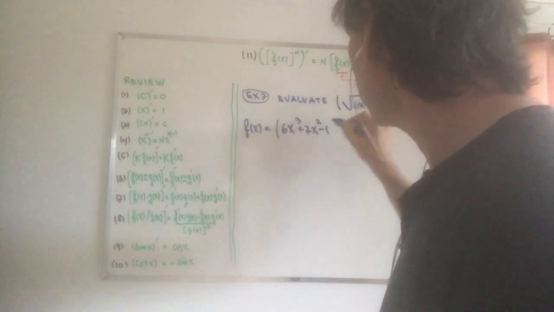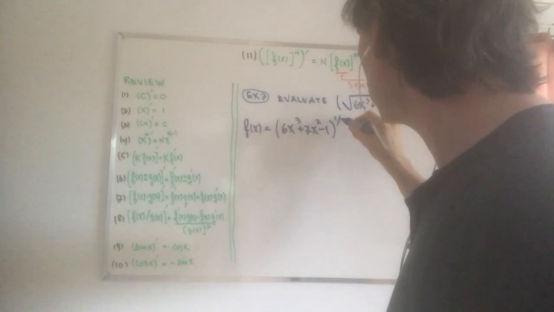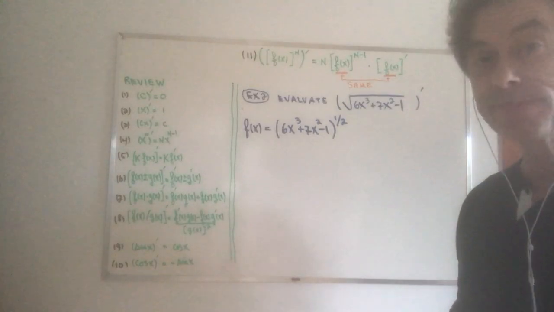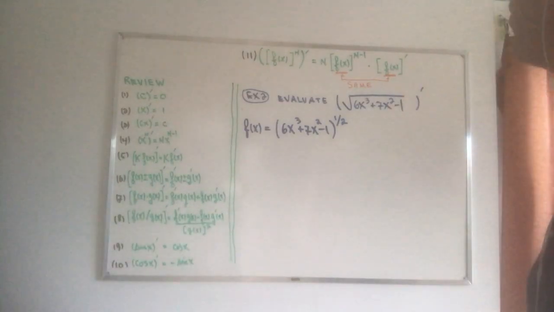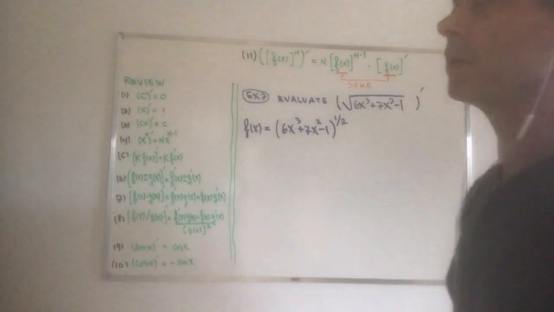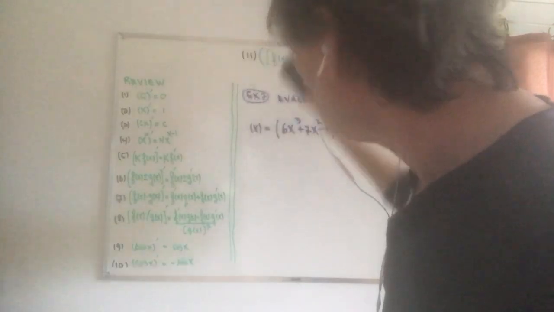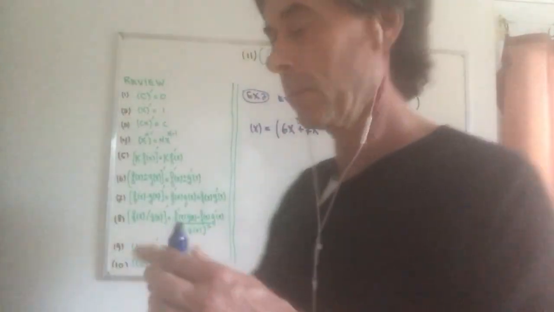It is actually the same as the square root, as if we put a power of 1/2. Good. So why don't we call it not f of x, but g of x? Let's just give it another name. You'll see why in a minute.